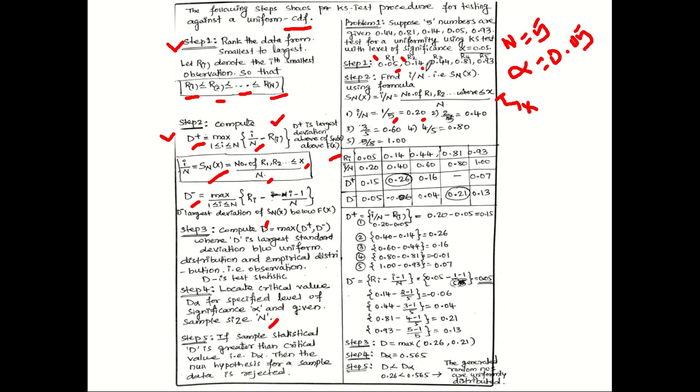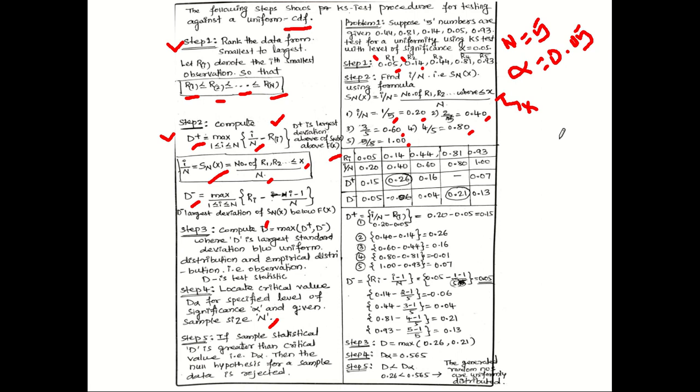Hence 2 numbers are present in this list which are less than or equal to 0.14. So that's why 2 divided by 5, and we get 0.40. We calculate it for the third number, 0.16, then 0.08, and the fifth number 1.0.